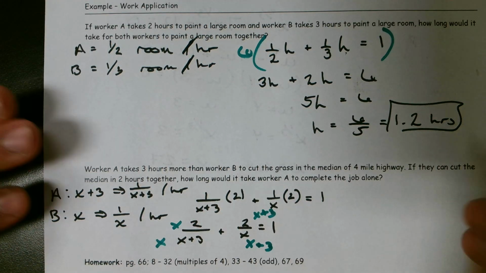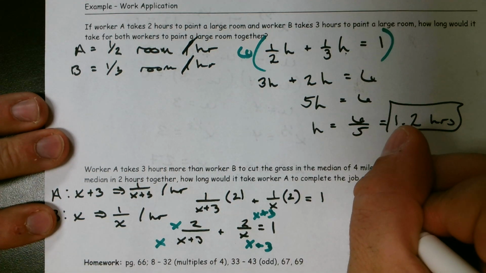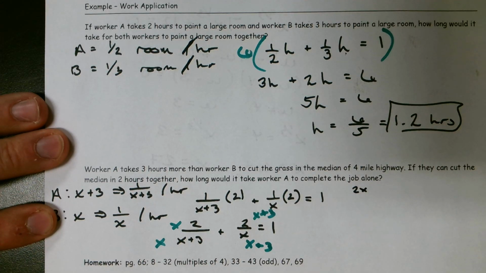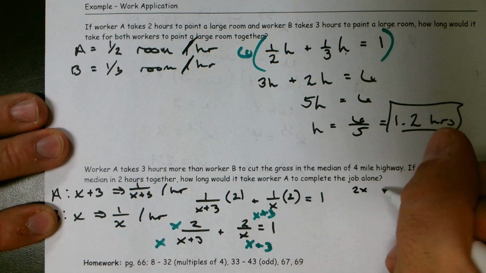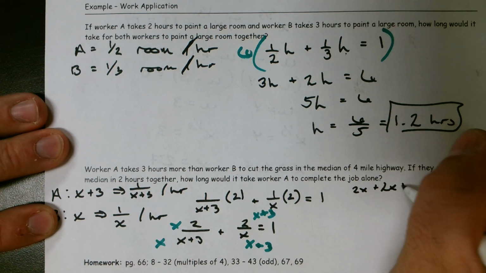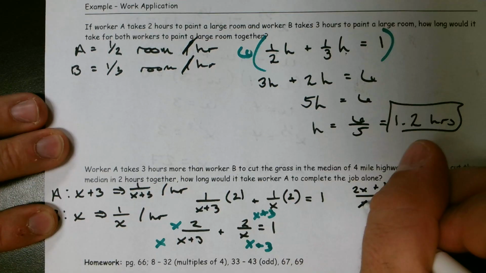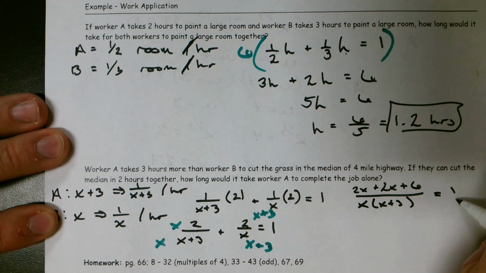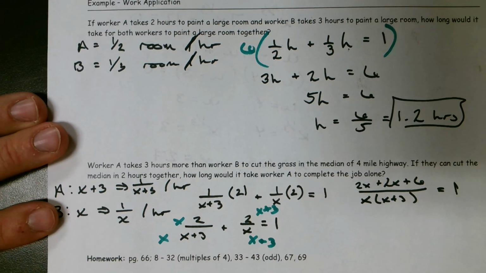On top, we're going to have 2x, and that's for this one right here. And over here, we're going to have 2x plus 6, all over x times (x plus 3), is equal to 1. I ran out of space, but that's okay.